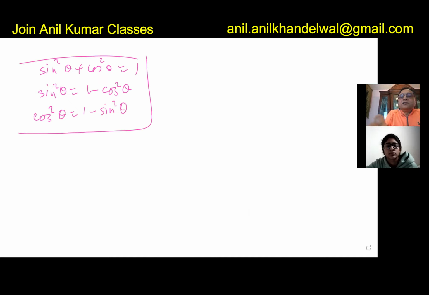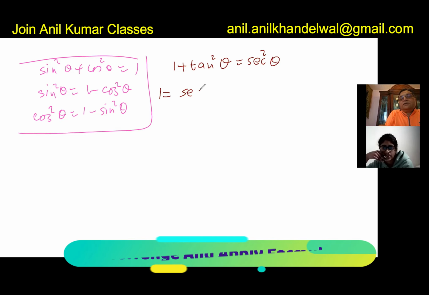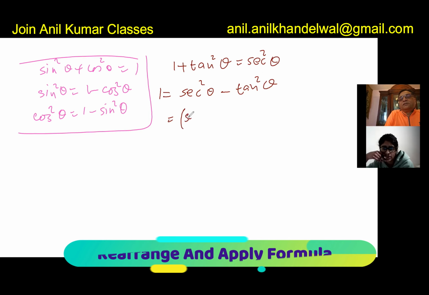However, the other two formulae, which is 1 plus tan square theta equals secant square theta, are not used. Now 1 is equal to secant square theta minus tan square theta, correct? Now this is a difference of squares. That means this is secant theta plus tan theta times secant theta minus tan theta.